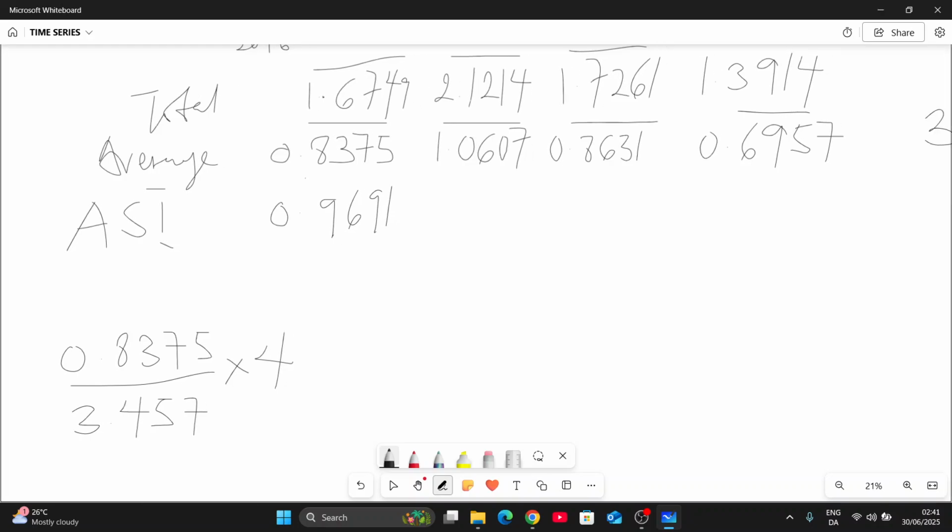The next one will be 1.0607 divided by the total, which is 3.457, times 4. So it's giving us 1.2273.